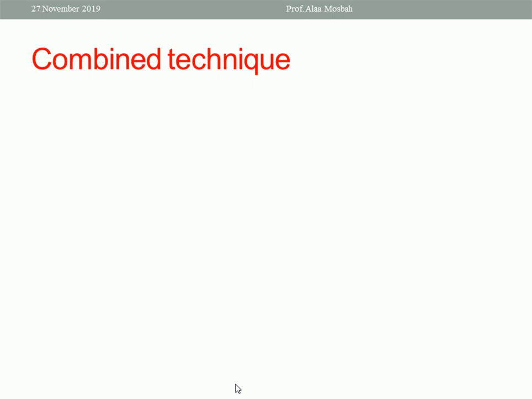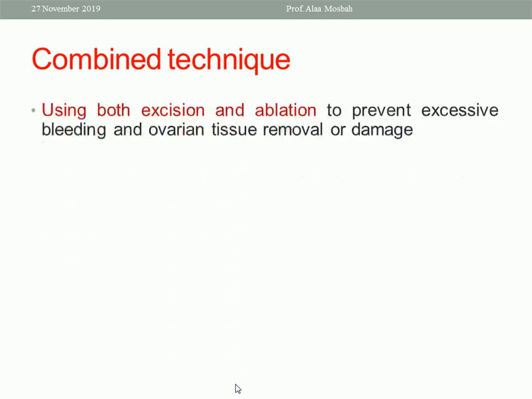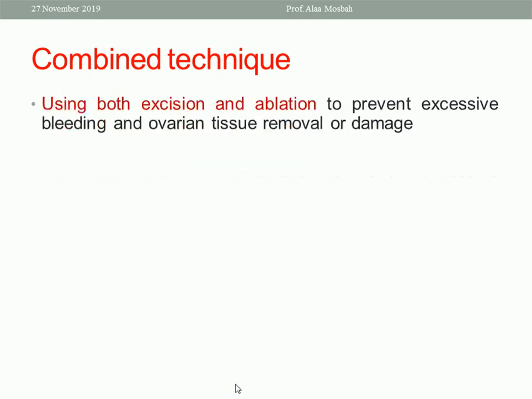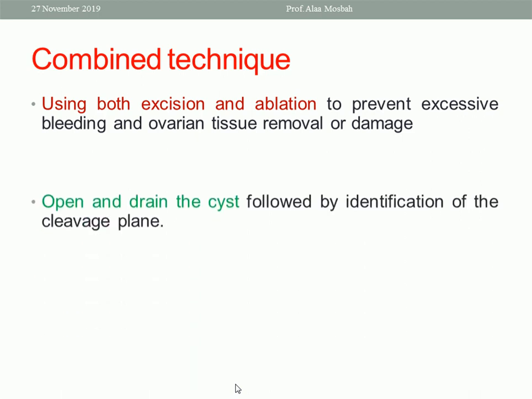So you remove part surgically, you excise part of the cyst wall, and the remaining part is damaged by electrocoagulation or laser. So we will use both excision and ablation to prevent excessive bleeding and ovarian tissue removal or damage.